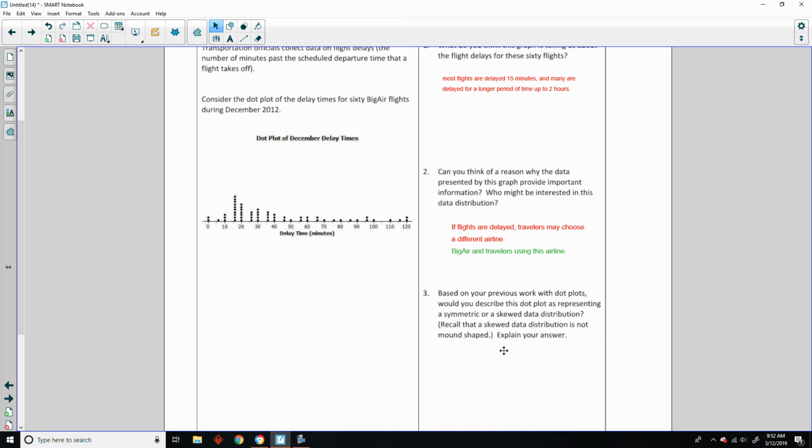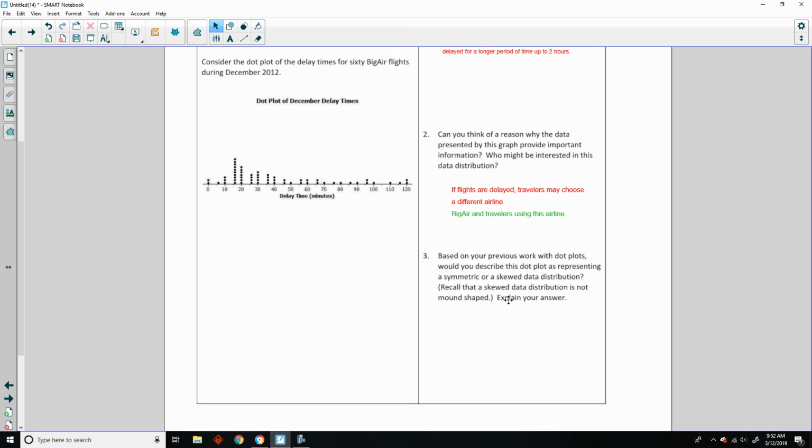Number 3, based on your previous work with dot plots, would you describe this dot plot as representing a symmetric or skewed data distribution? Okay, now remember, whenever we're trying to decide if something is symmetric, symmetry would show the graph going up, and it would be a normal distribution curve, where our data increases to a certain point and then starts decreasing, and there's a line of symmetry in between.